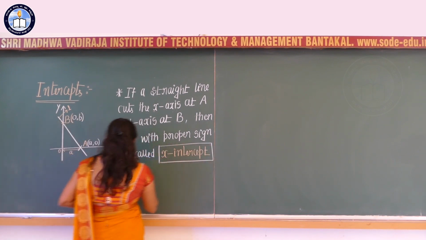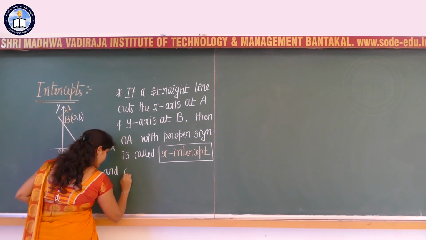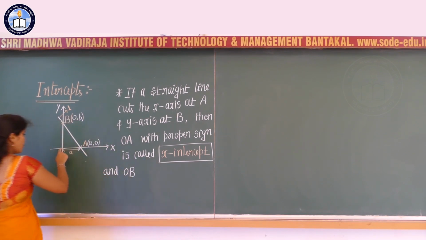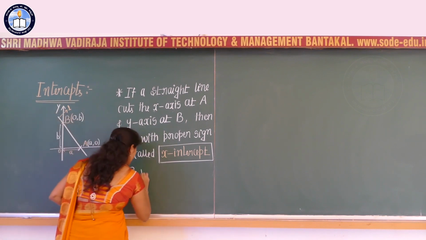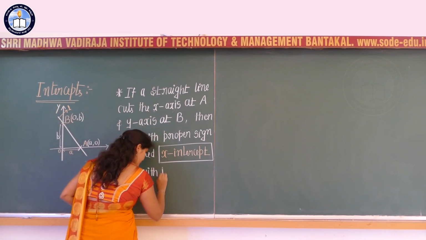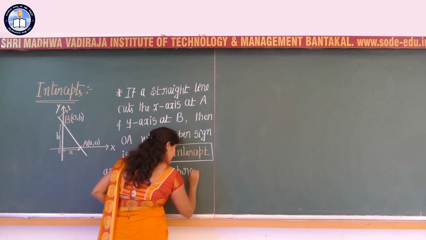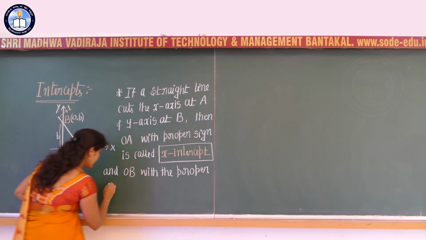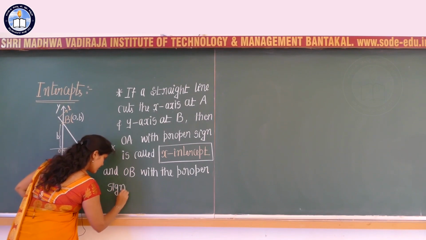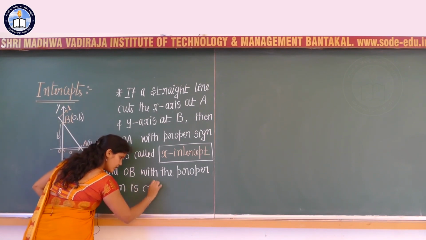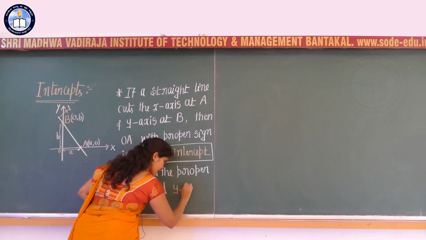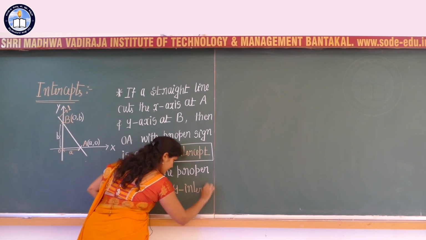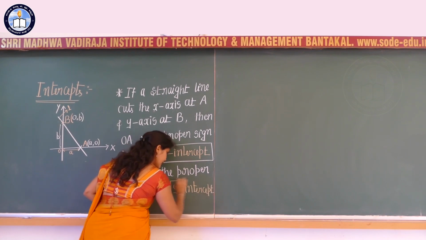And OB, O to B. Here from O to B we have the distance b, small letter b, and OB with the proper sign is called y-intercept.